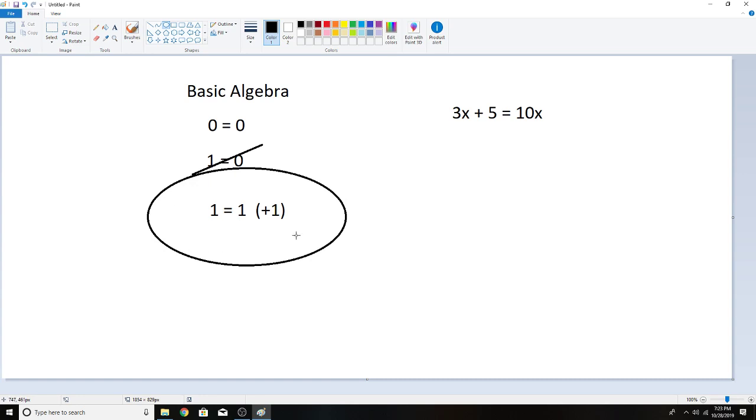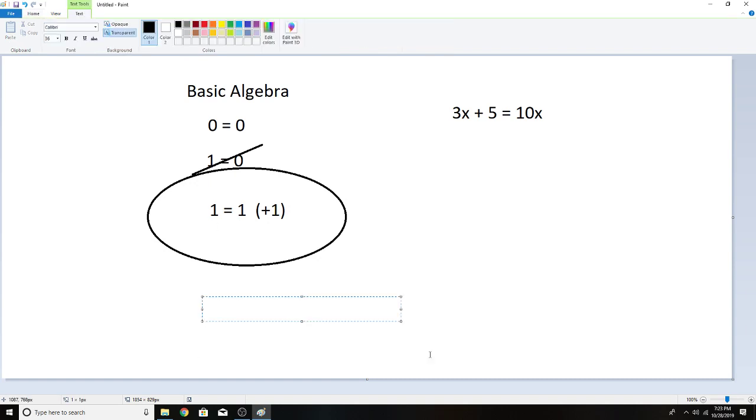If we do a simpler example, say 1x, or you just call it x, equals 2, we know that x must be 2, so 2 equals 2. So we know x equals 2 to satisfy that equation. But I'll explain it as we go through so you can get a good idea, because it's quite hard to explain.